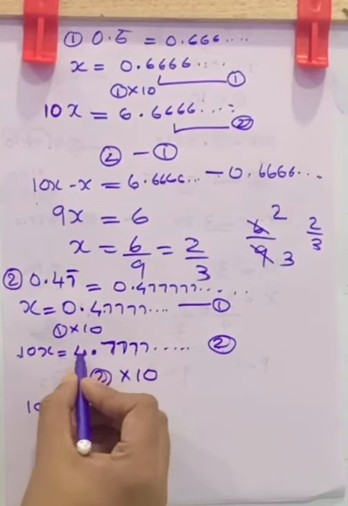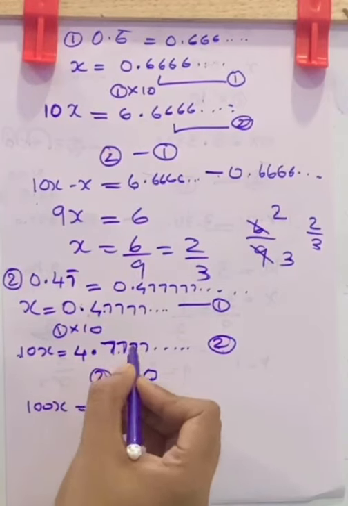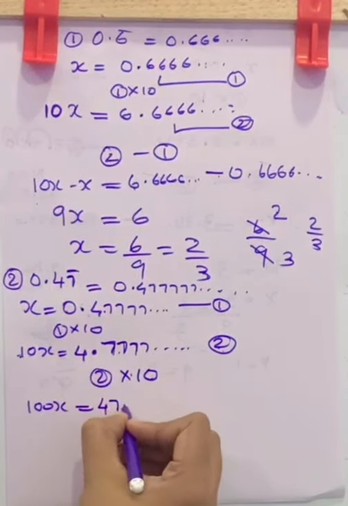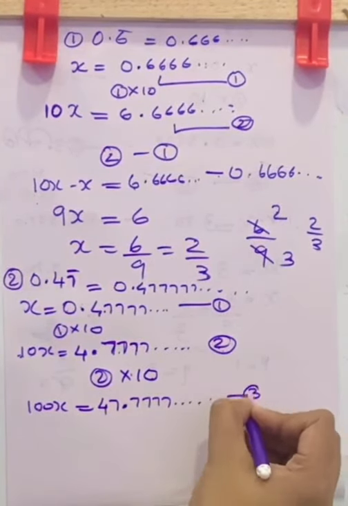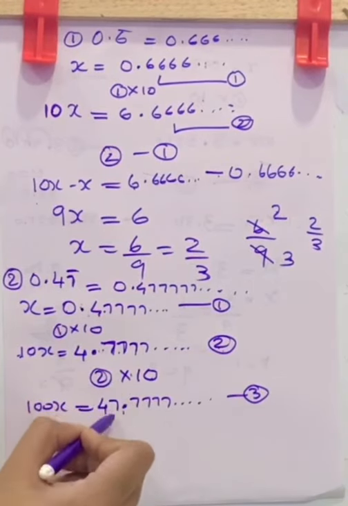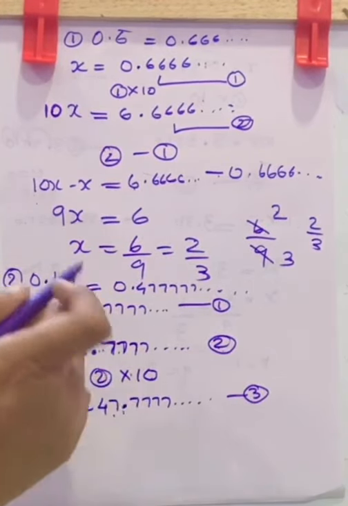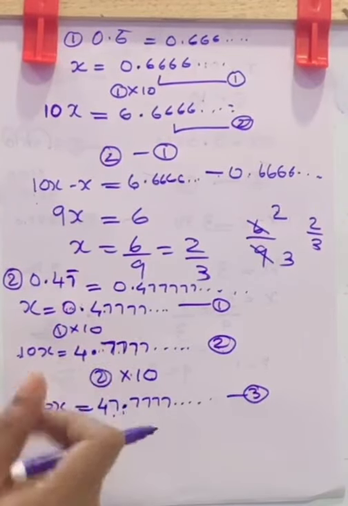This is equal to, here equation 2 into 10 on RHS, so the decimal point will be jumped to the right side. That is 47.777, etc. This will be equation 3. Now you have to consider these two equations. Don't make a mistake by considering the other equation. You just want to consider these two.